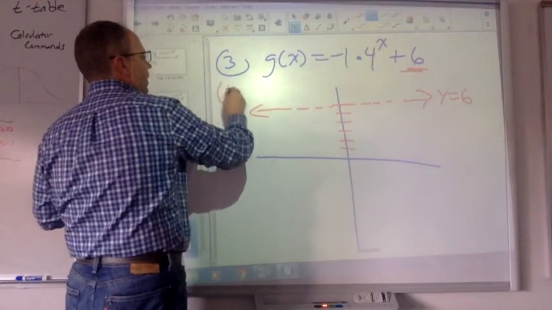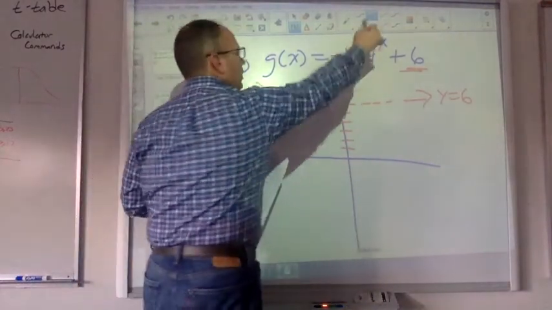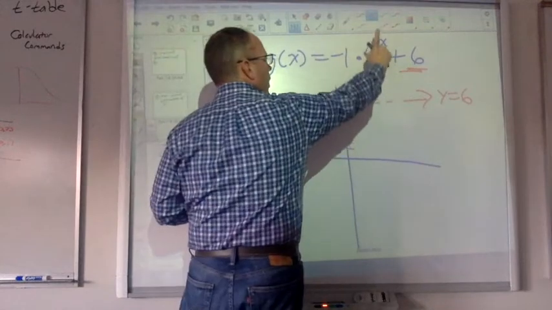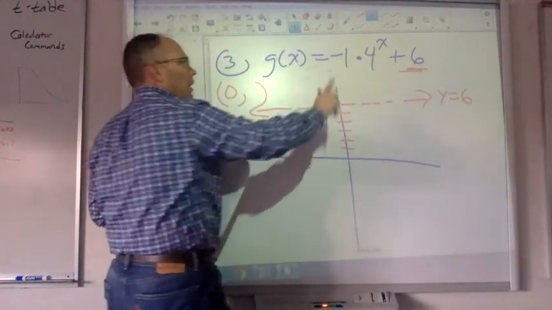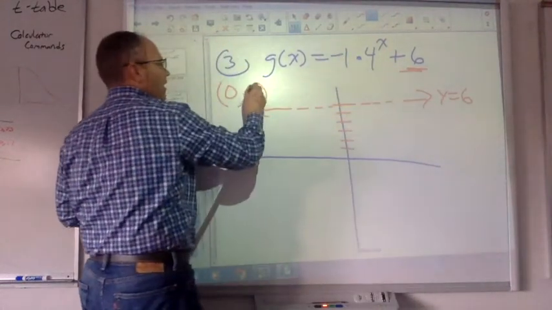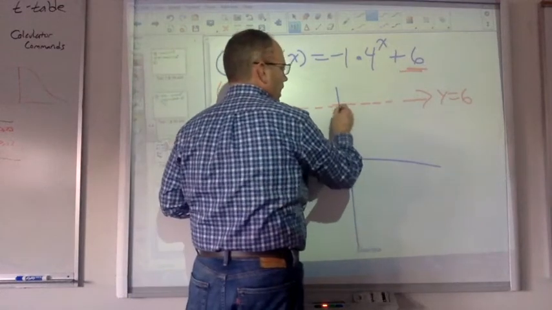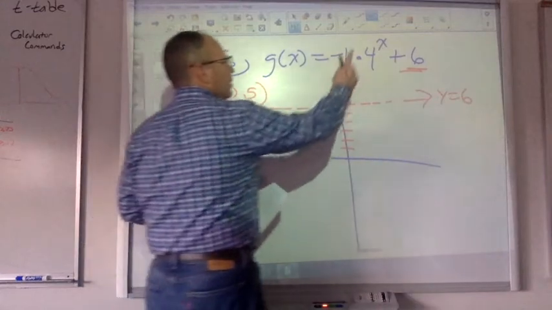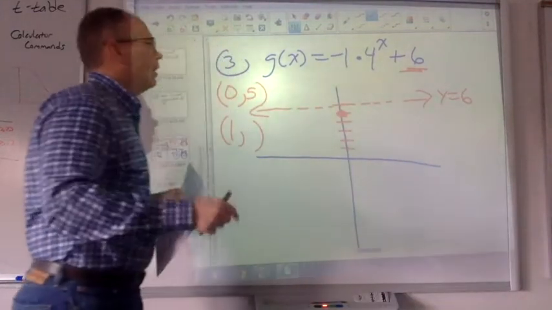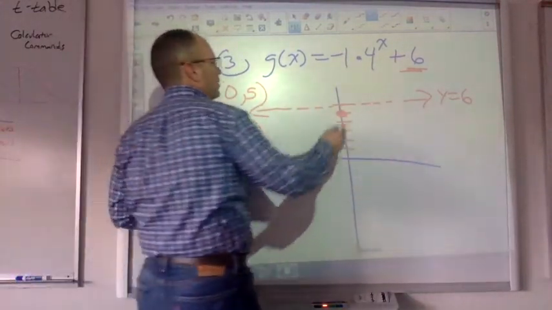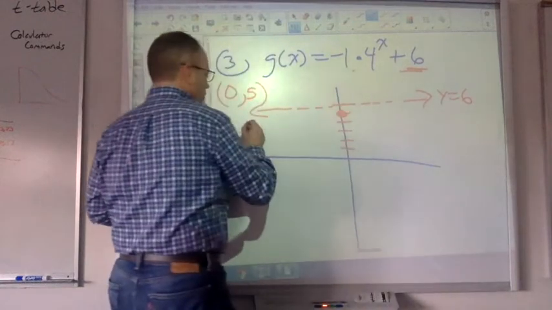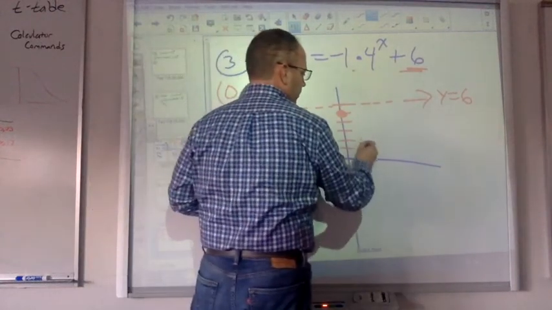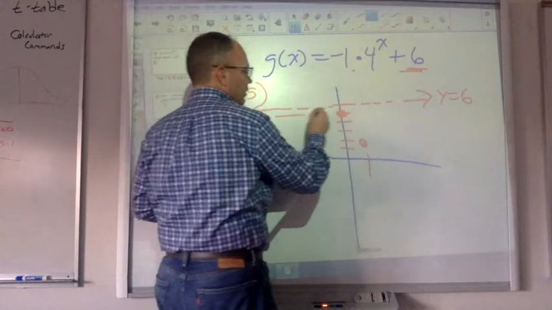If I plug 0 in, 4 to the 0 is 1, so this becomes 1. 1 times negative 1 is negative 1. Negative 1 added to 6 is 5. So I get 0, 5, which is right here. And then I plug 1 in. 4 to the first is 4. 4 times negative 1 is negative 4. Negative 4 plus 6 is 2. Okay, so this looks like this.